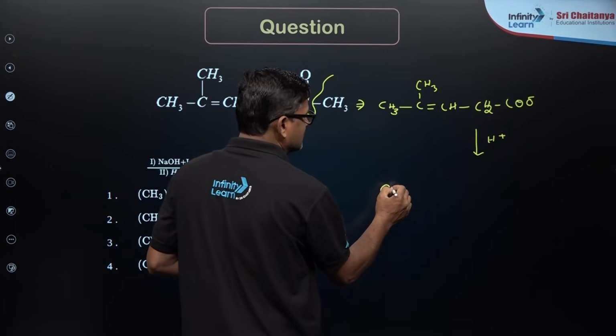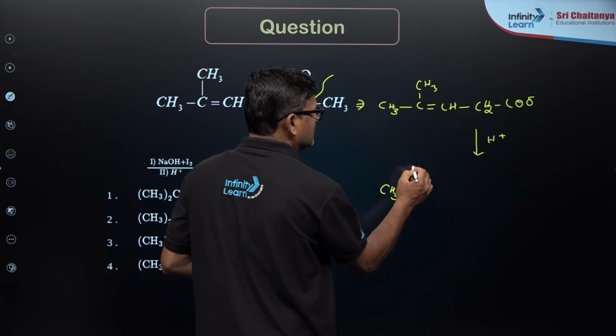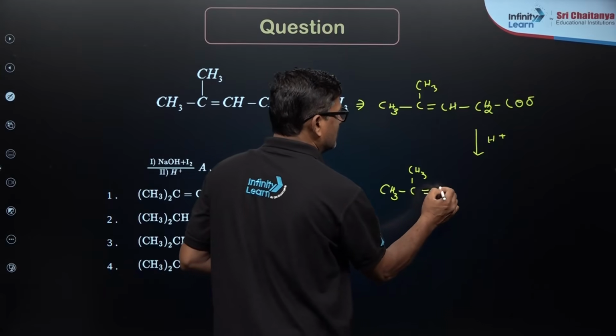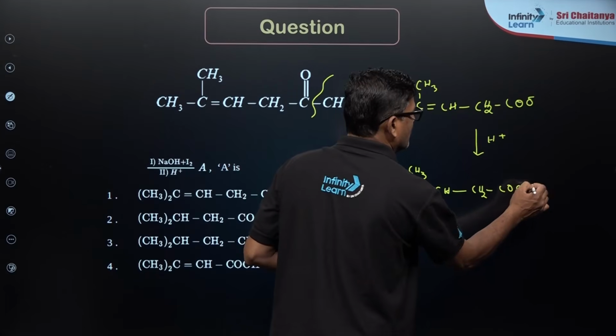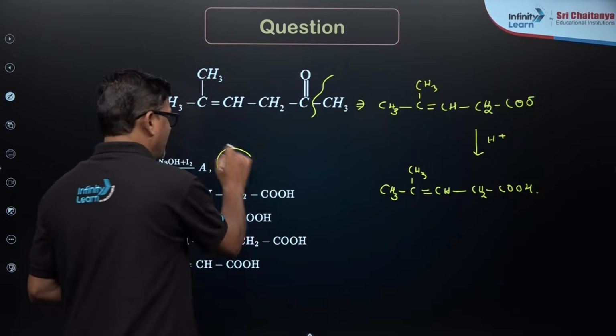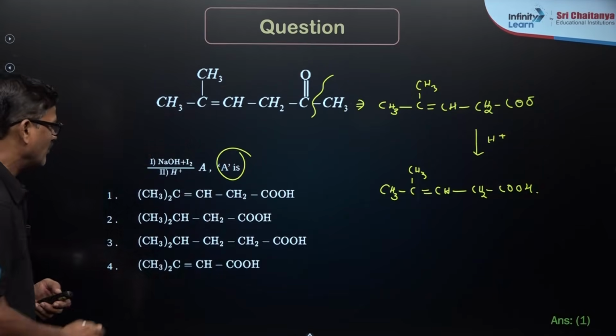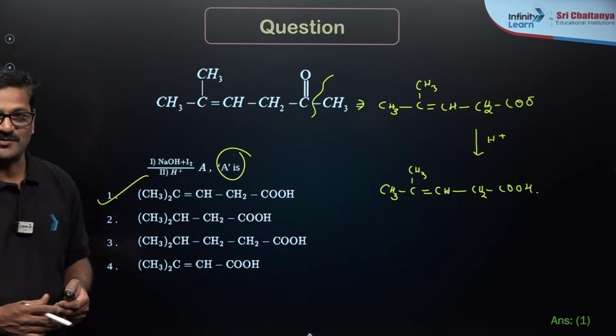You are going to get CH3, CH3 double bond CH and CH2 and COOH. This is the product A. Option 1 is the correct answer for this question.